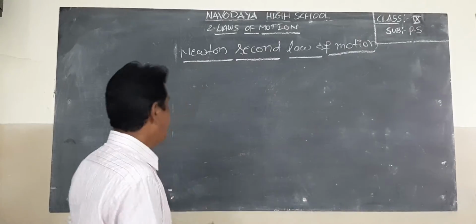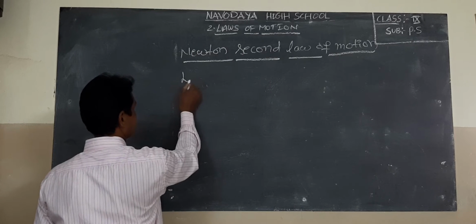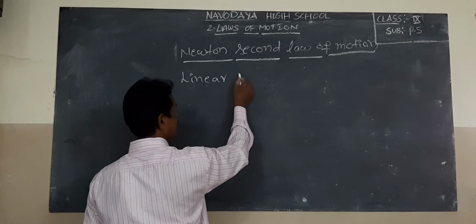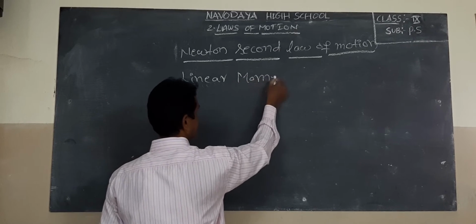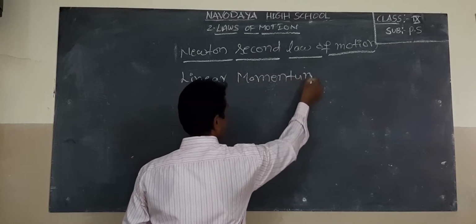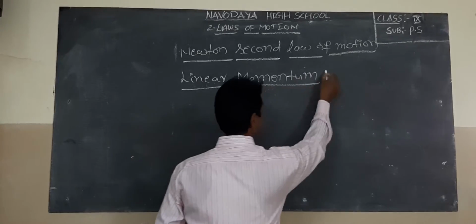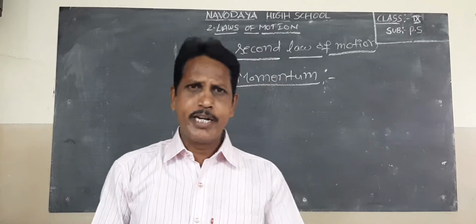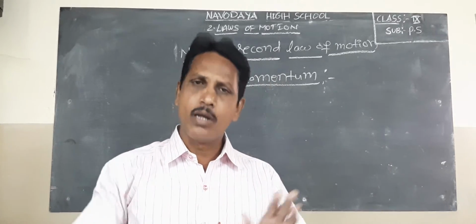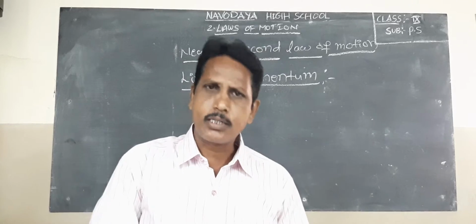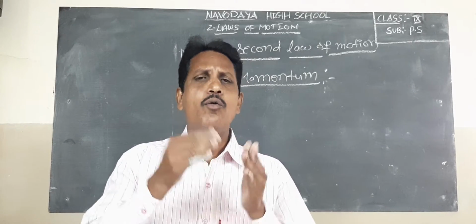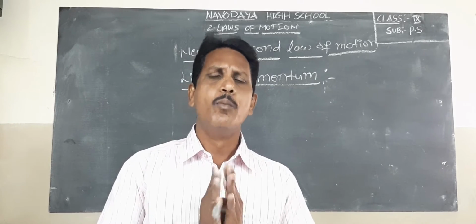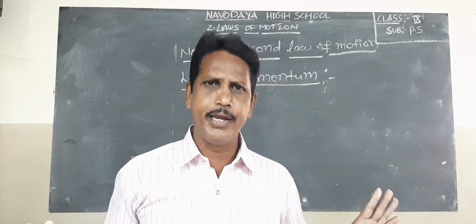First one, linear momentum. Linear momentum is defined as the product of mass and velocity of a body. It is called linear momentum or momentum of a body.